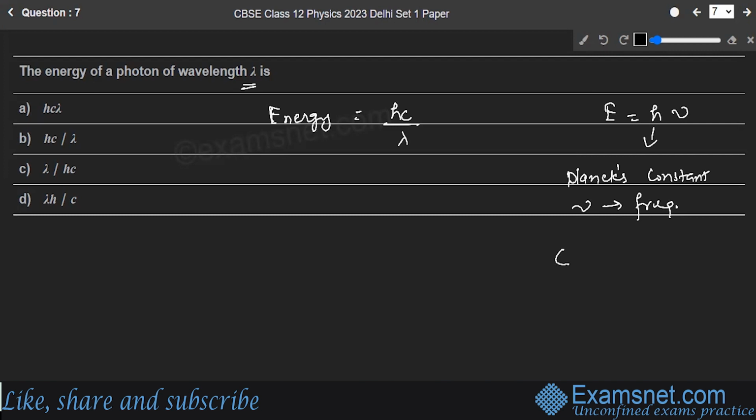And this frequency is equal to c upon lambda, so you have E is equal to h c upon lambda. This is the right answer, and you have option B as the correct option. Hope you got that. Next is question number 8.